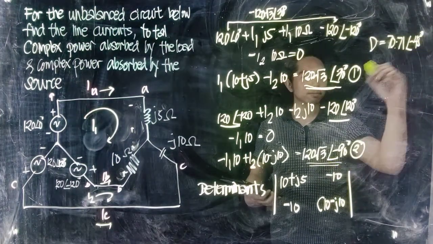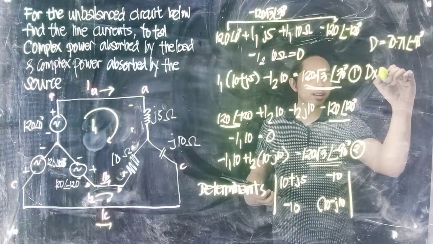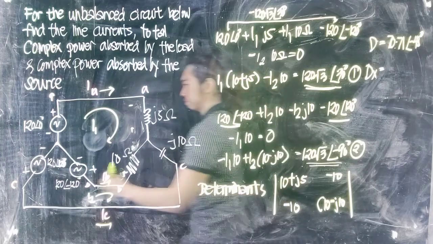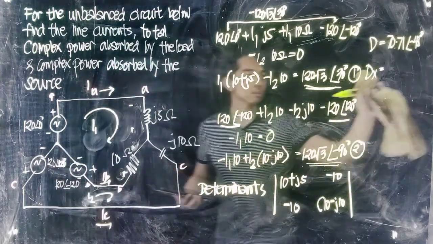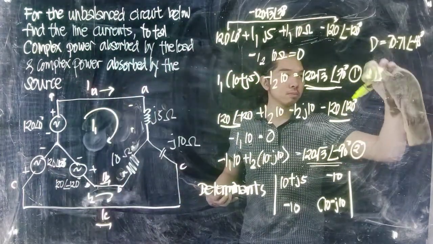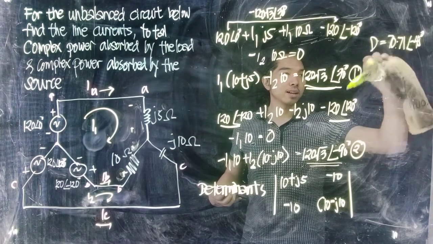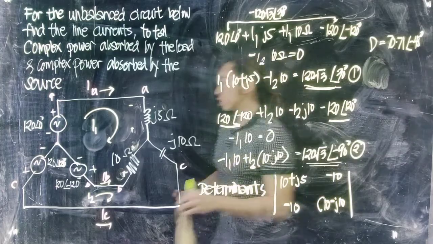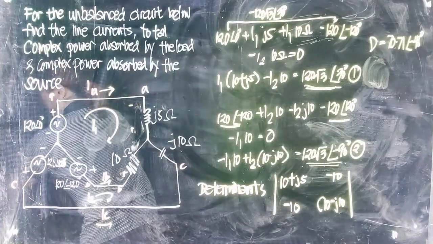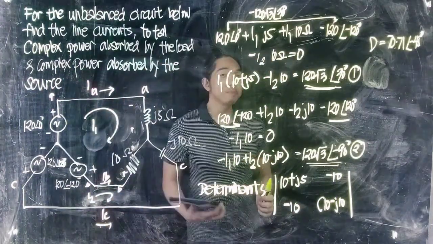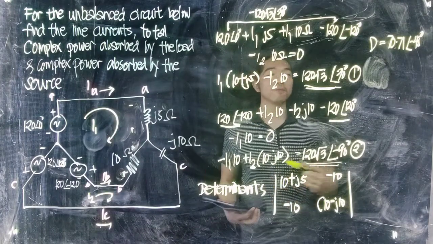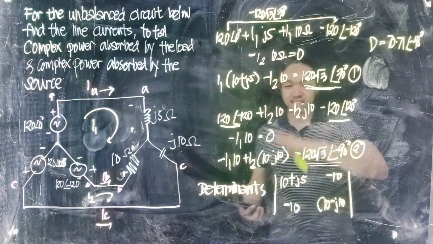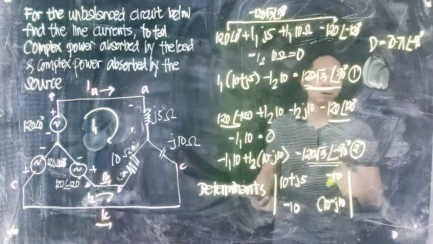We then solve for D sub I1. Actually, this is what makes solving this circuit a bit longer, about 30 to 45 minutes, because of the determinant part.